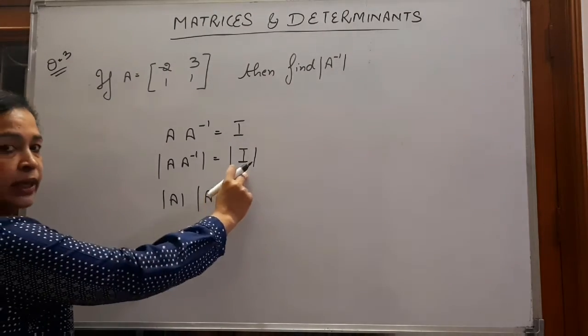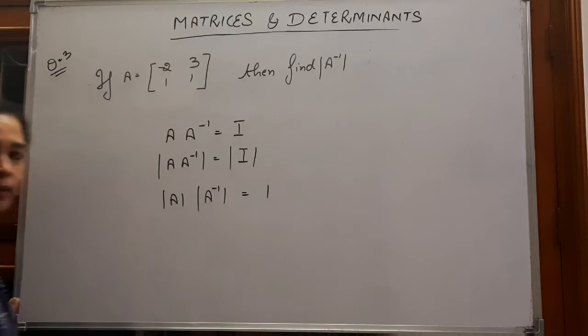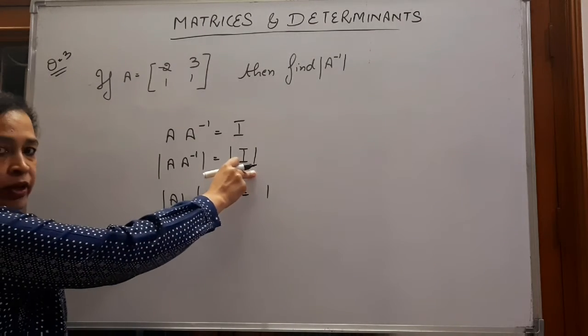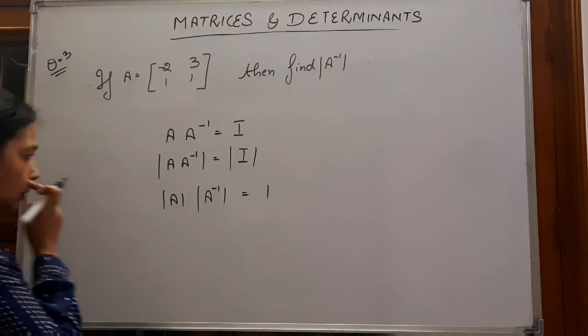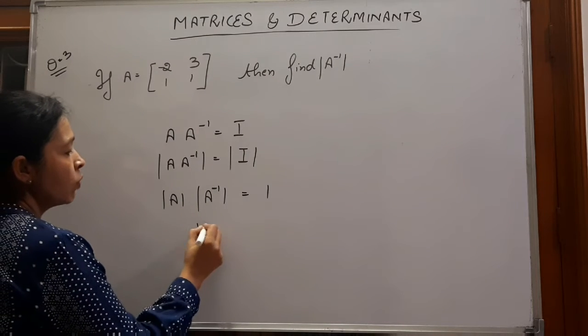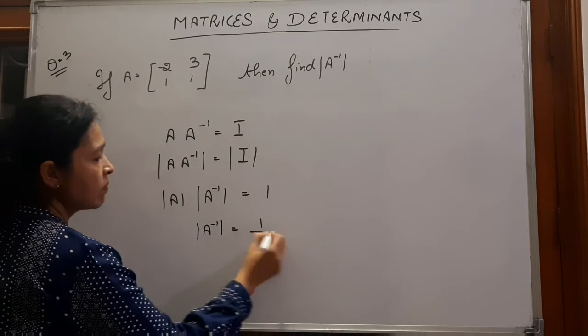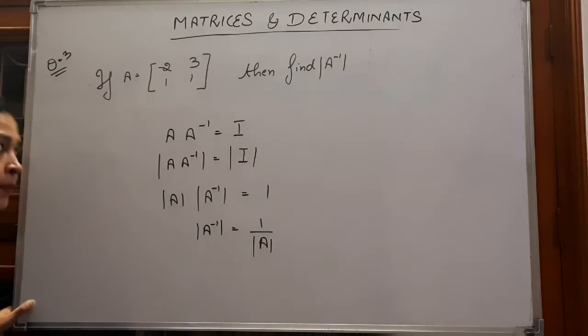And what will be the determinant of the identity matrix? 1. Whether it is the identity matrix of order 2 or 3, the determinant will be 1. Now, what will be the determinant of A inverse? 1 upon determinant of A.